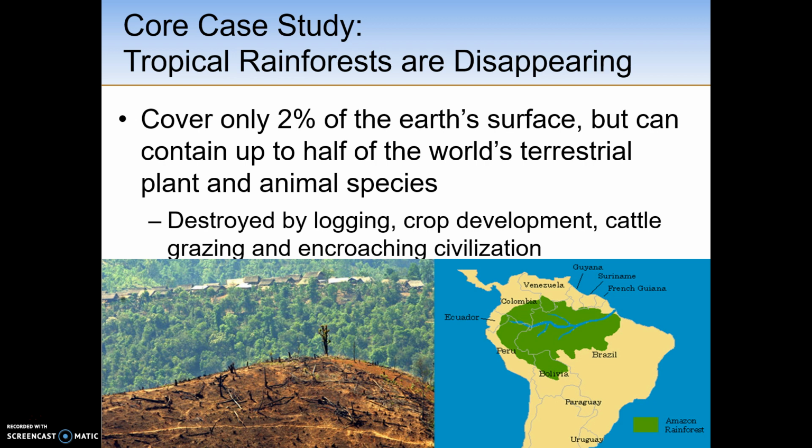The Amazon rainforest is not only located in Brazil, but also in Bolivia, Peru, Ecuador, Colombia, Venezuela, a small portion in Guyana, and Suriname. The Amazon tropical rainforest is definitely the largest rainforest in the world, and it's filled with biodiversity.